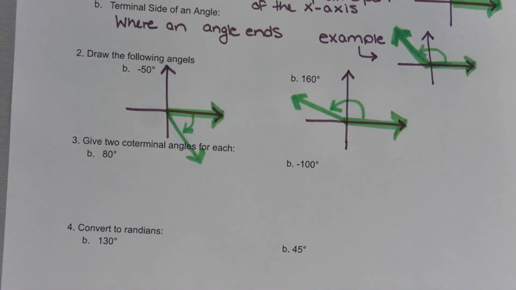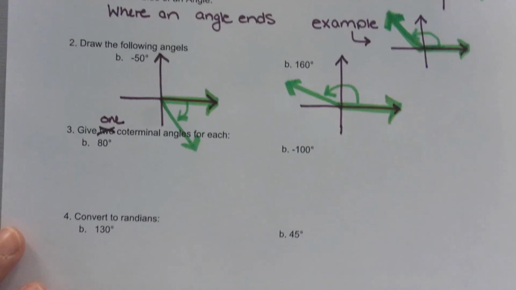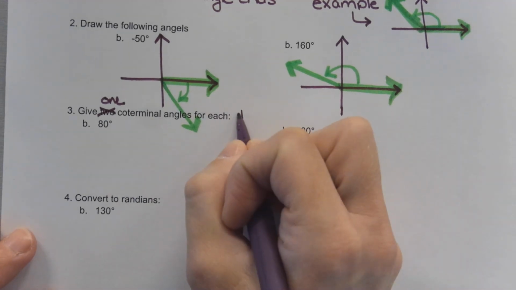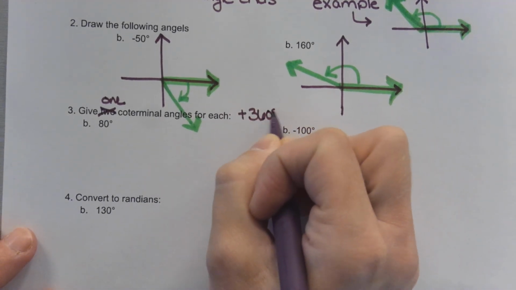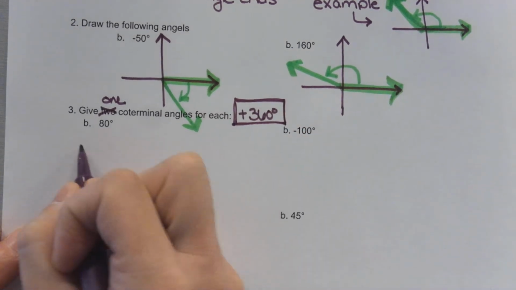Okay. I'm only going to make you give me one coterminal angle today and tomorrow on the quiz. So you can change that so it says just one. Do you remember what my trick is to find them? Add 360. So adding 360 degrees is the trick to find other coterminal angles.